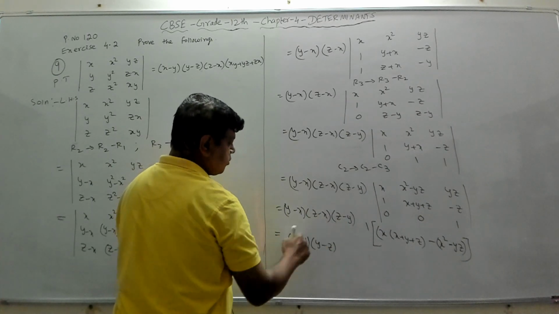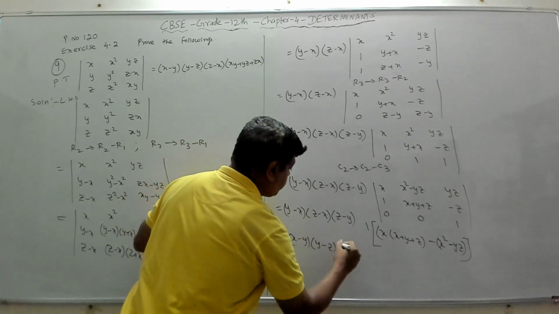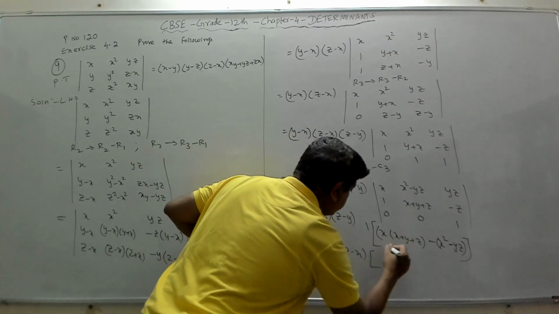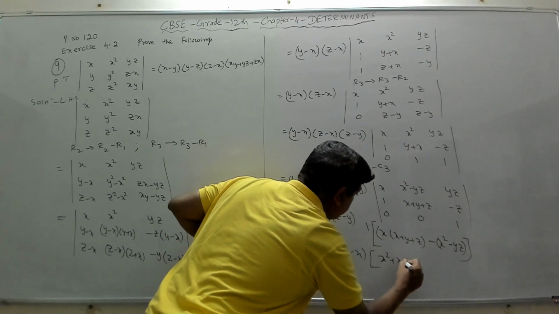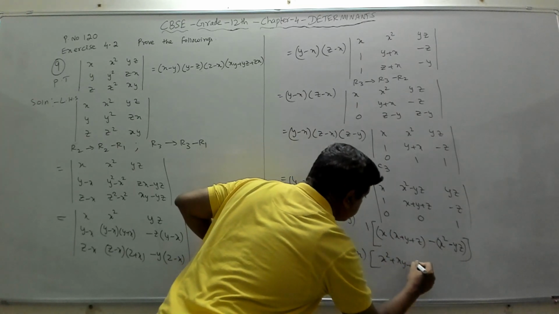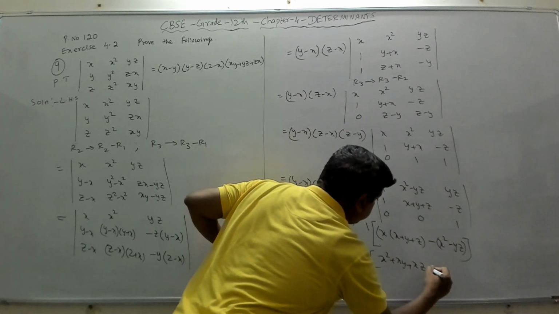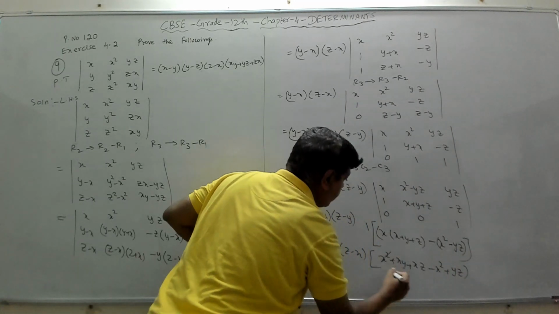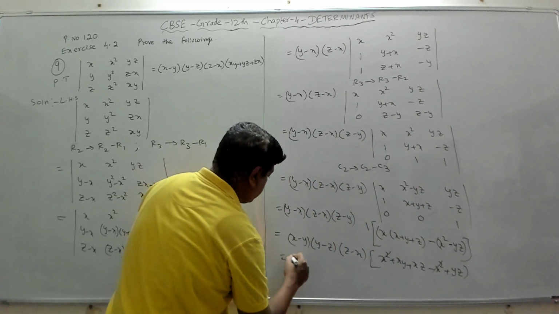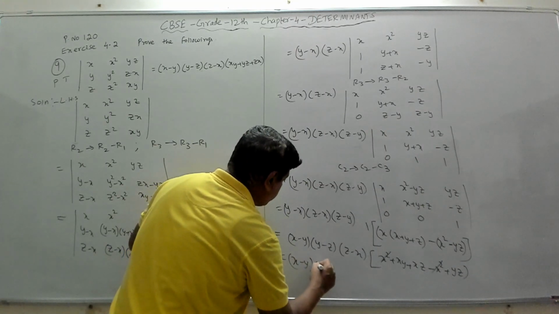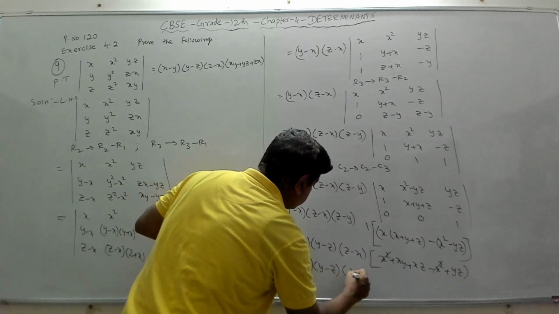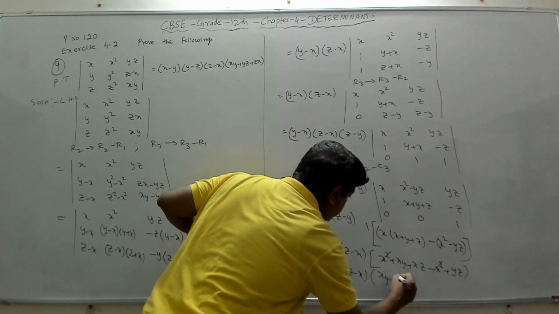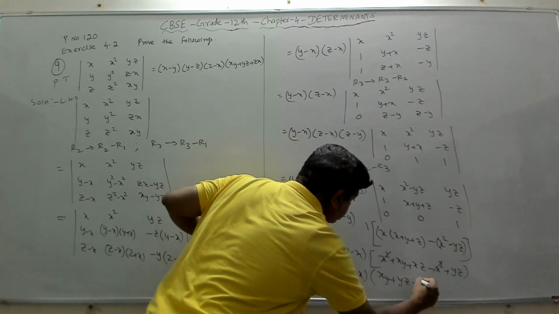So two negatives will become positive, and this one I am writing as it is, z minus x, and this one will become x into x is x square plus xy plus x into y is xz. This will be minus x square plus yz. So x square will get cancelled. Finally, I'll get x minus y into y minus z into z minus x into xy plus yz plus zx.